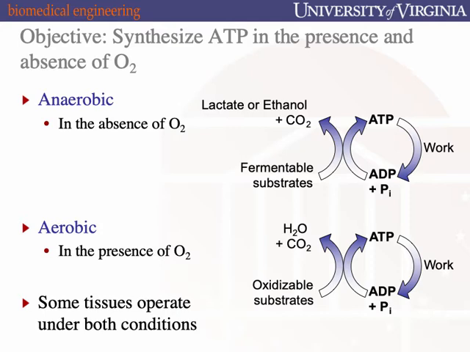Anaerobic metabolism starts with substrates, nutrients, that are what are called fermentable, and converts them, depending upon the organism, to either lactic acid, lactate, or ethanol, along with carbon dioxide, to, in the process, convert ADP plus inorganic phosphate to ATP. And then that ATP circles back around through work, motors, pumps, kinases, all these things.